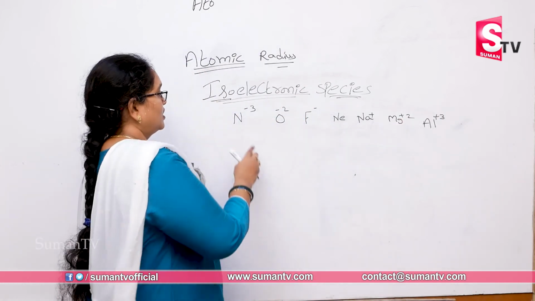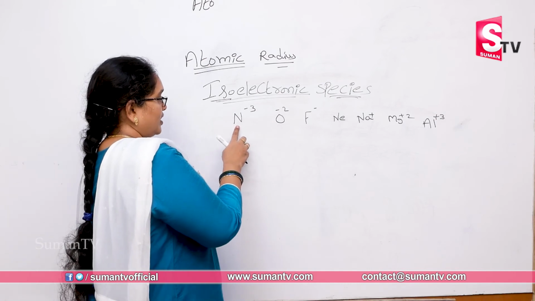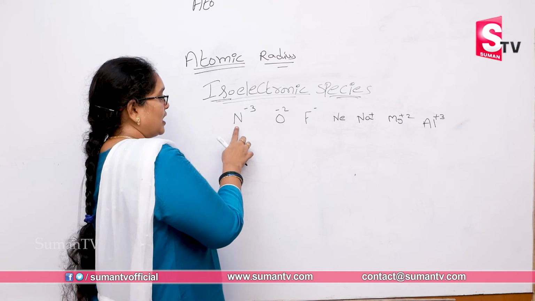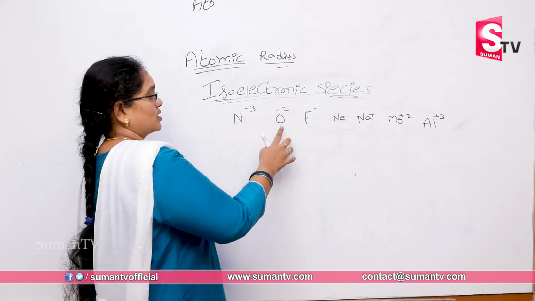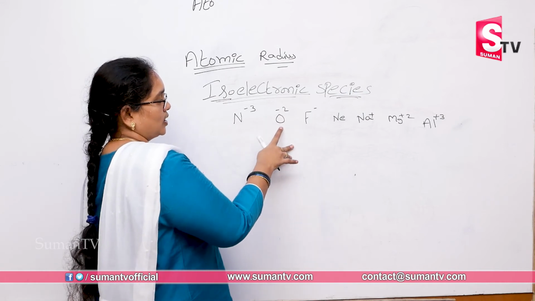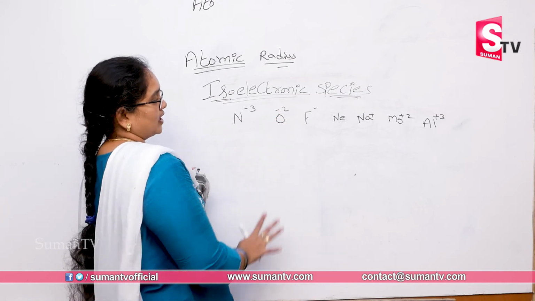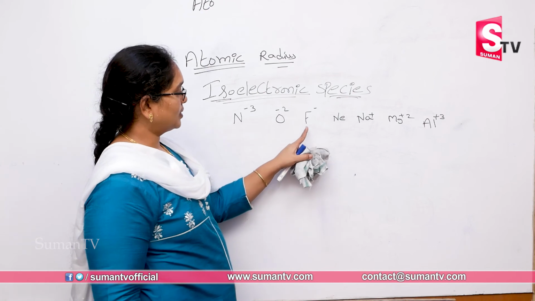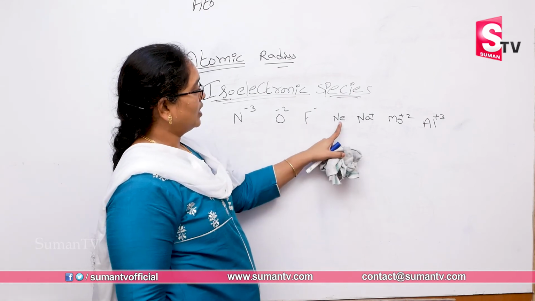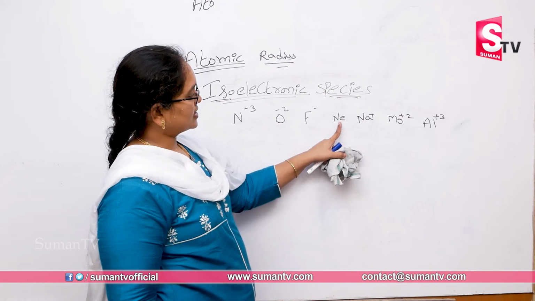Nitrogen has atomic number 7, and minus 3 means it gains 3 electrons, so 7 plus 3, 10 electrons. Oxygen, atomic number 8, minus 2 means it gains 2 electrons, 8 plus 2, 10 electrons. Fluorine, atomic number 9, minus 1 means it gained 1 electron, 9 plus 1, 10. Neon, atomic number 10, has 10 electrons.